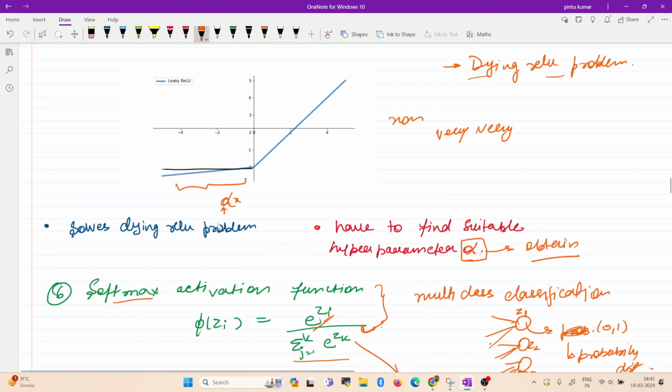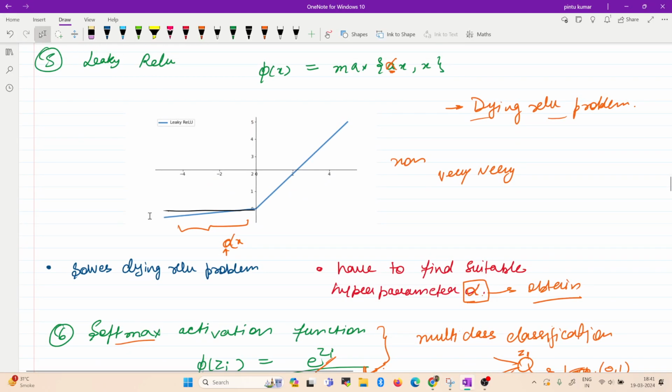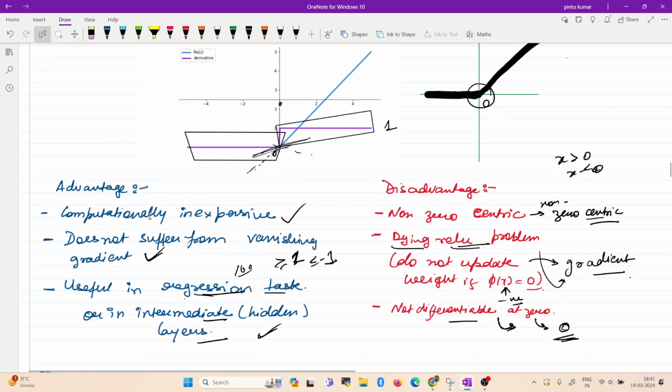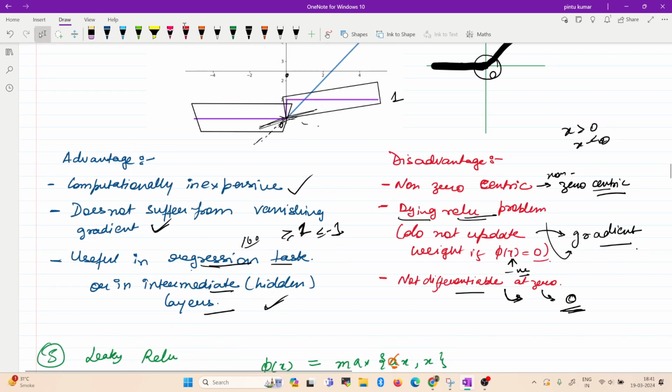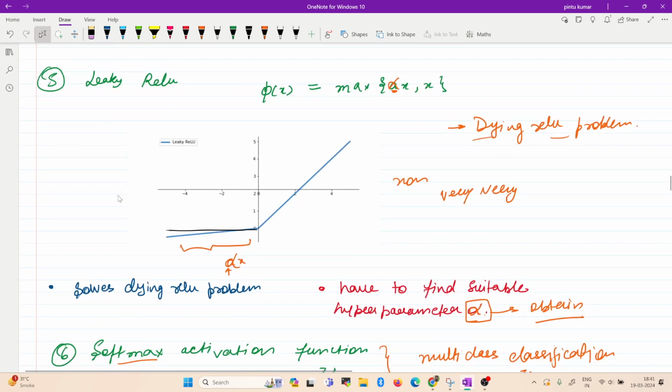I didn't explicitly include it. The main problem that I talked about with ReLU, the most important problem that people have tried to tackle, is this dying ReLU problem. What people want to do is replace this particular black line with some other very small value. One option is that you replace it with a linear function.